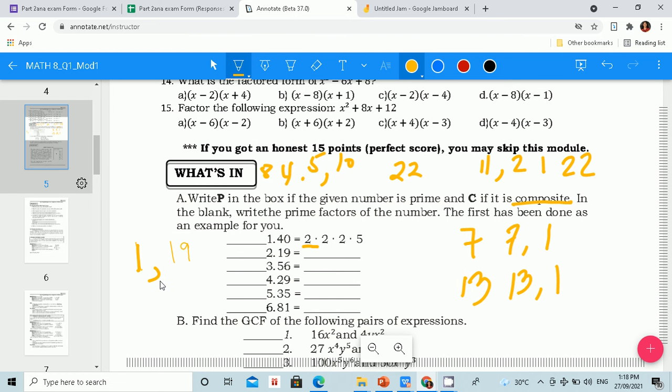So if we have only two factors, class, factors are those numbers that can be used to multiply or divide in order to get the number. So that's a prime number. And what are those numbers? We have 19 times 1, only that one. Class, this is an interpunct.